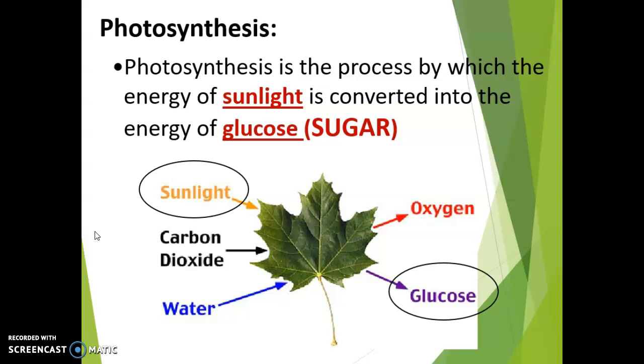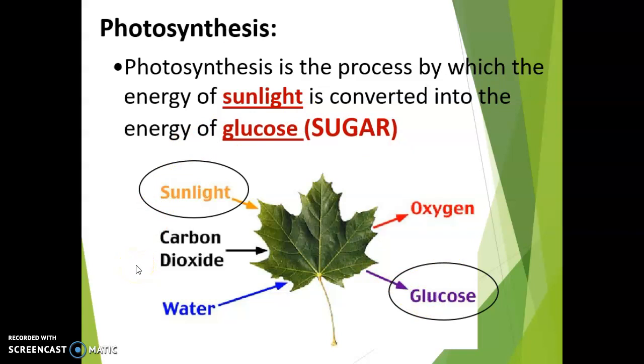So in this very simple kind of generic diagram down here, you have a plant that's taking in sunlight, it's taking in carbon dioxide, and it's taking in water and releasing oxygen and glucose. That's like the most simplest form or diagram that we can get with photosynthesis.